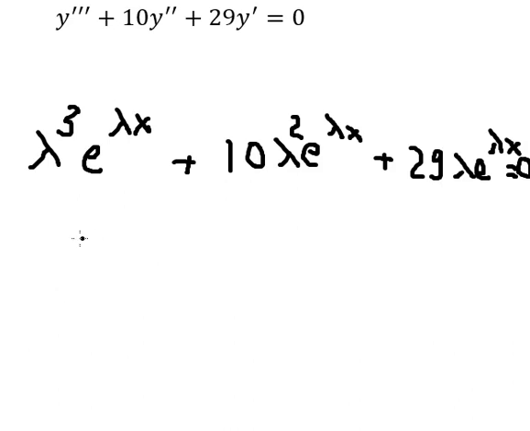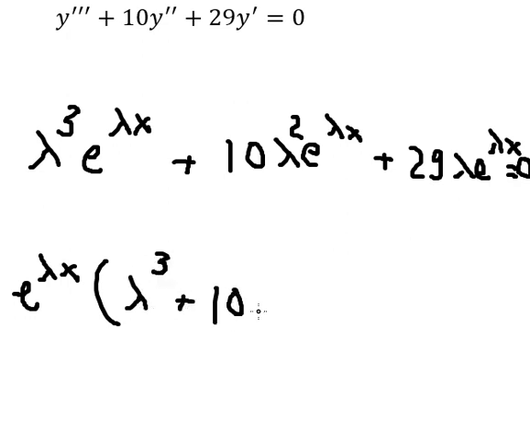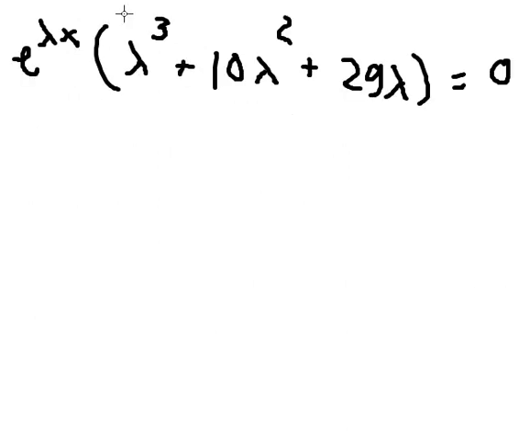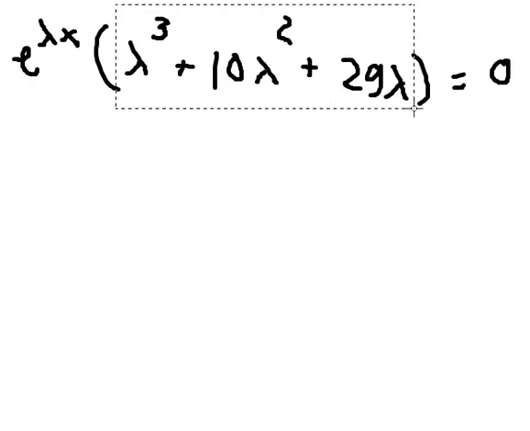Now we can do factorization by e to the power of lambda s, and we have lambda to the power of 3 plus 10 lambda squared plus 29 lambda equals 0. And now we can find the solution of this one here.